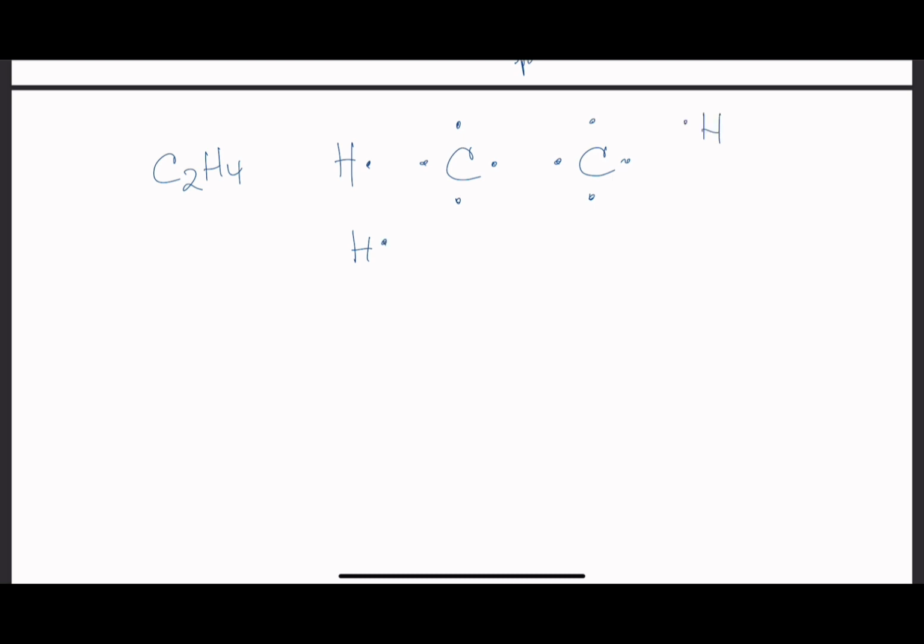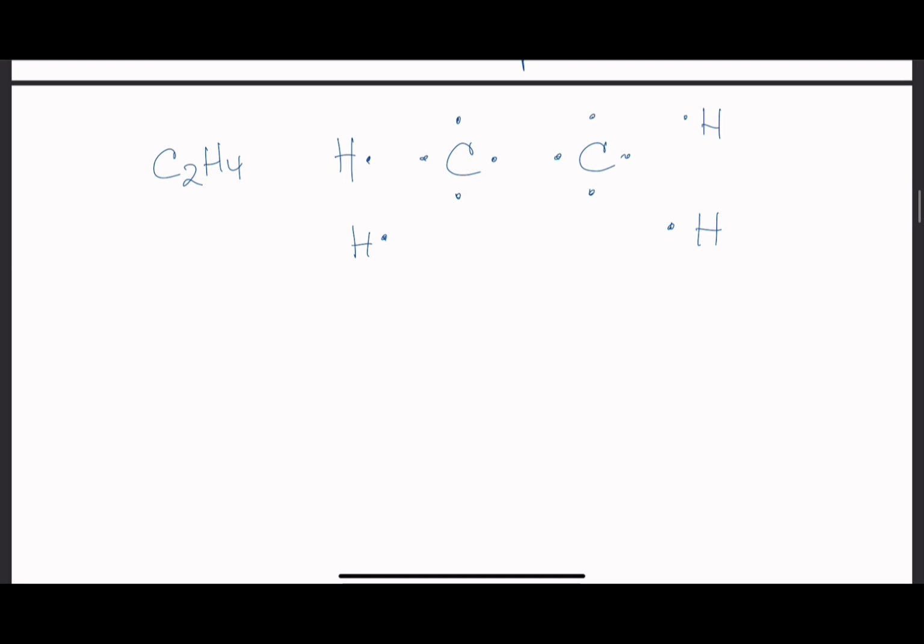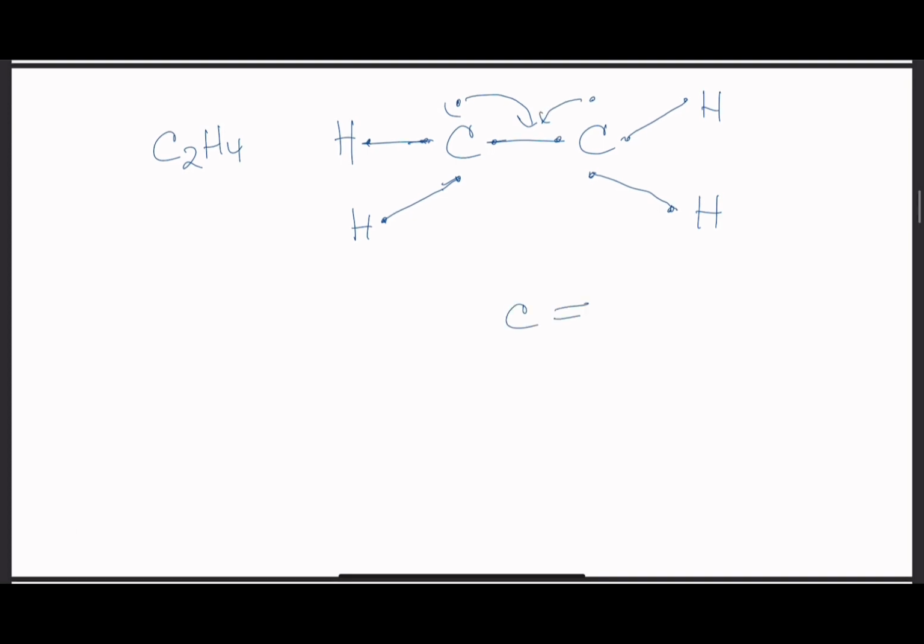This is not a Lewis dot cross, this is a Lewis dot diagram, and here I connect this with this, and this with this. The octet rule is still not completed because I got 3 bonds on each carbon and 1 electron left. So they come together and make 1 more bond. So it looks like this, right?